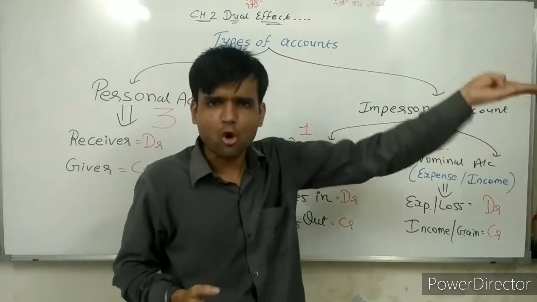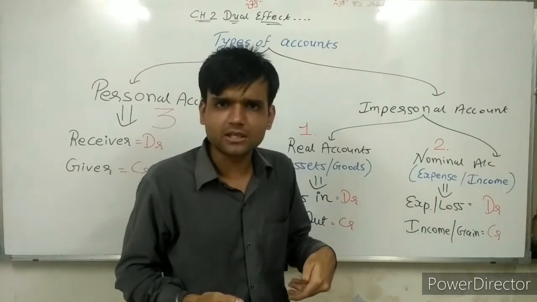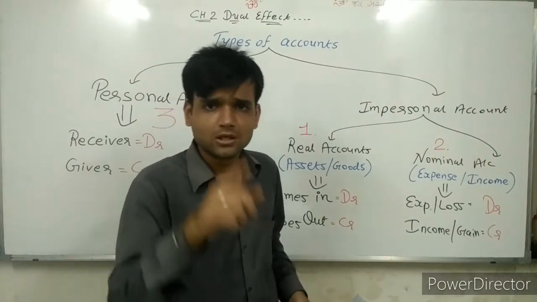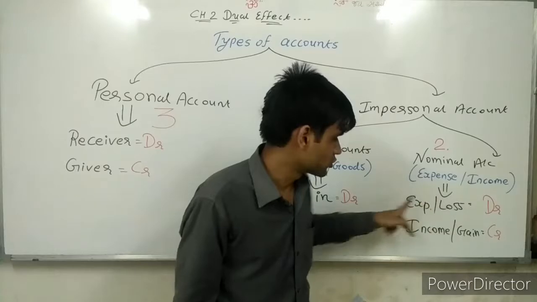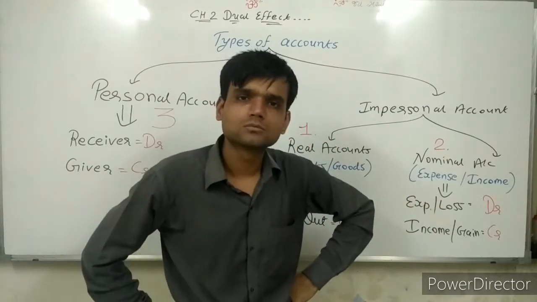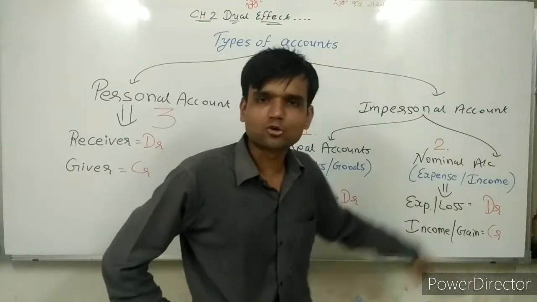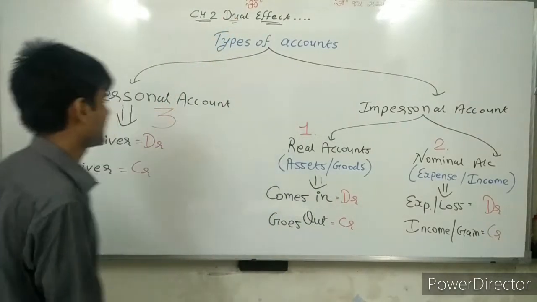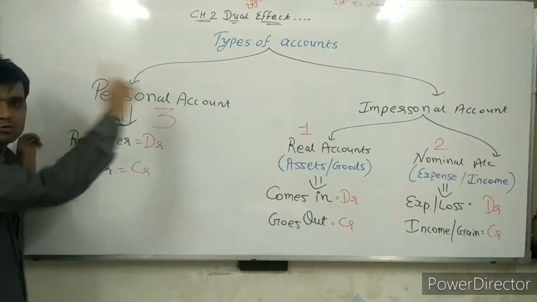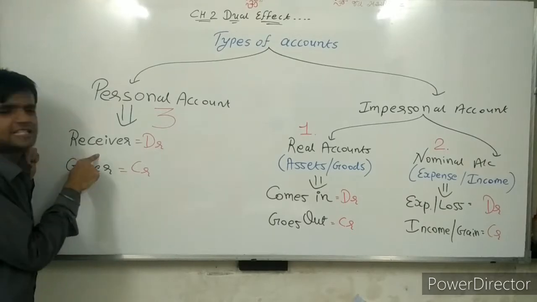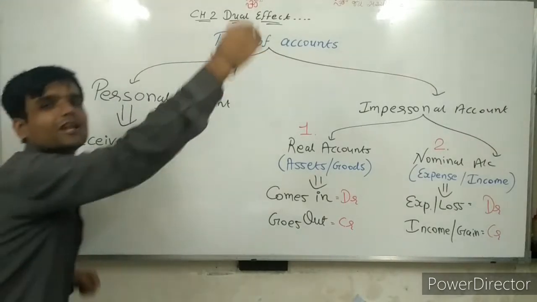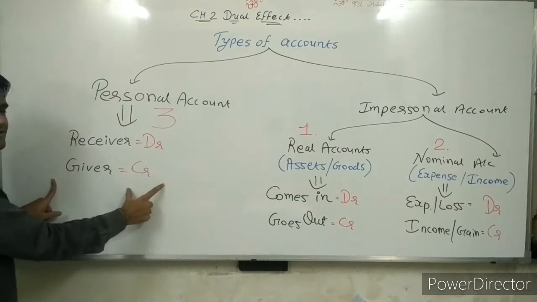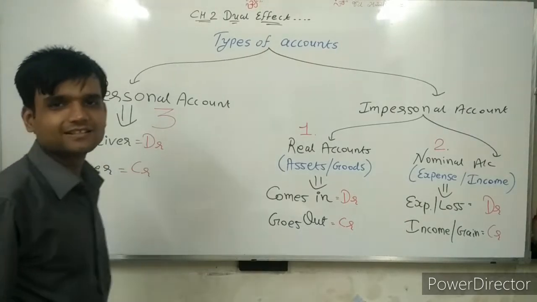If the person who is the owner is giving something, it is not an income for me. So no income, so don't apply this rule. So the nominal account rule cannot be applied. Now think, personal account. Receiver or giver? Sir, the owner is a giver. Yes, giver. Giver means credit.